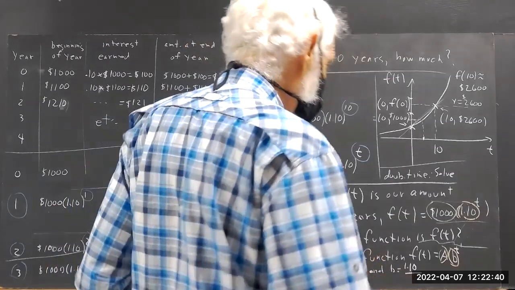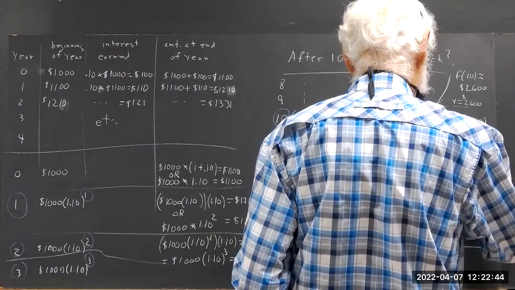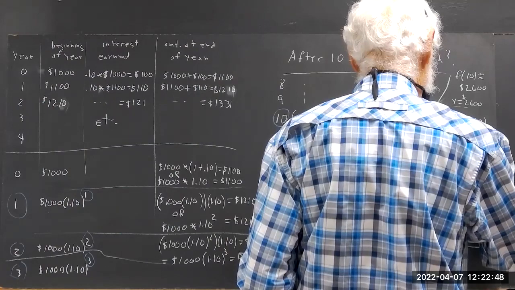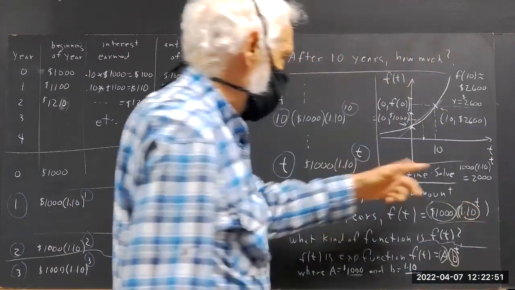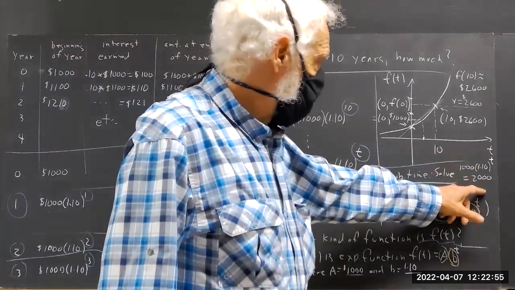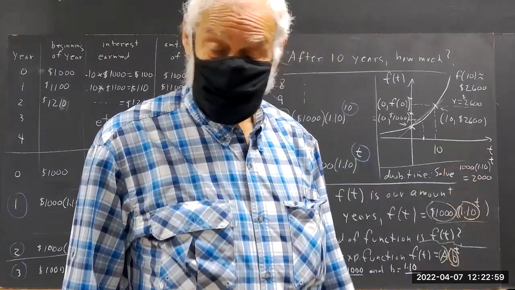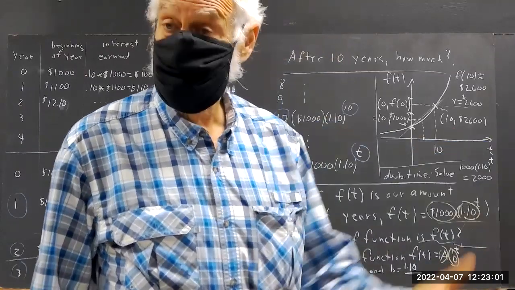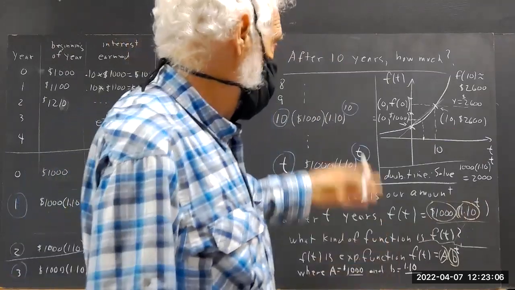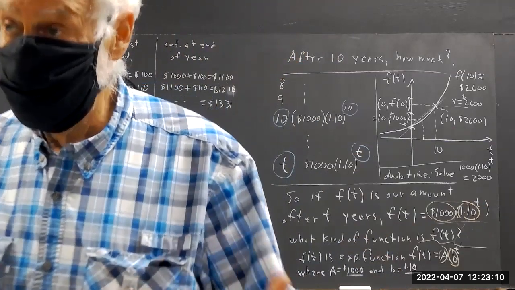We solved the equation 1,000 times 1.10 to the t equals 2,000. We divide both sides by 1,000, we get 1.10 to the t equals 2. Now we use the logarithm. We did that last time. Okay. And we find that t is about 7 years. It's about 7 years for the money to double at 10% interest.